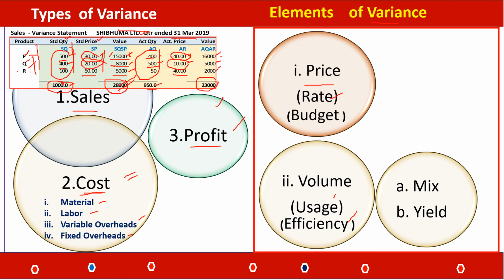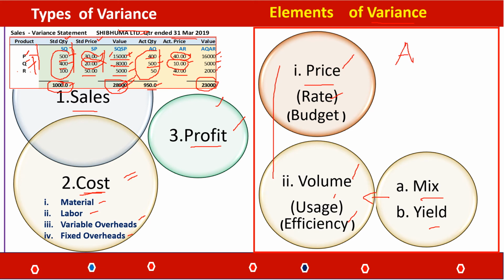Therefore, when you talk of variance, there will be variance of price, there will be variance of quantity or volume, and there will also be variance of mix and yield. These are the two major variances, and this is a sub variance which is measured to understand better what went wrong.